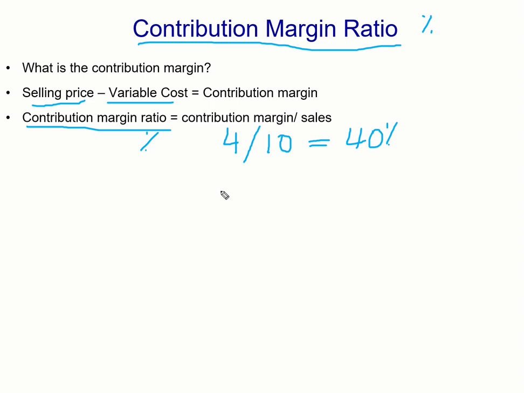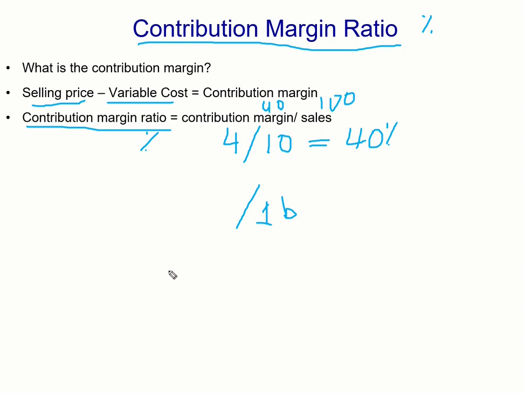Well, for some companies, they might have sales of, for example, $100 and the contribution margin is $40. And some companies might have sales of $1 billion. Then how can we compare them? Don't read it literally; all I'm trying to say is there's a difference in size.